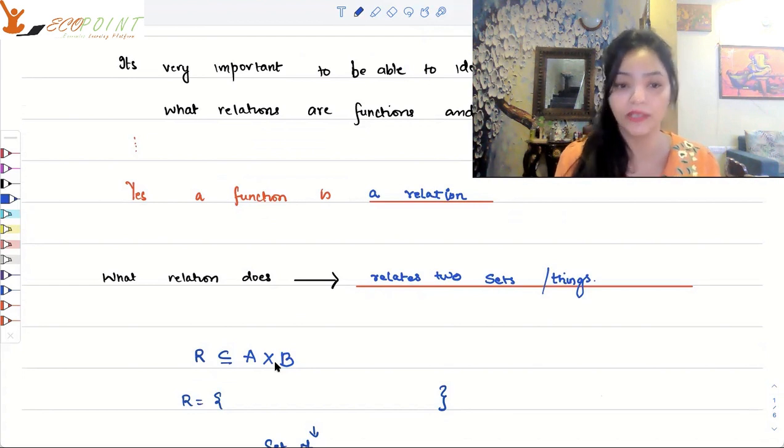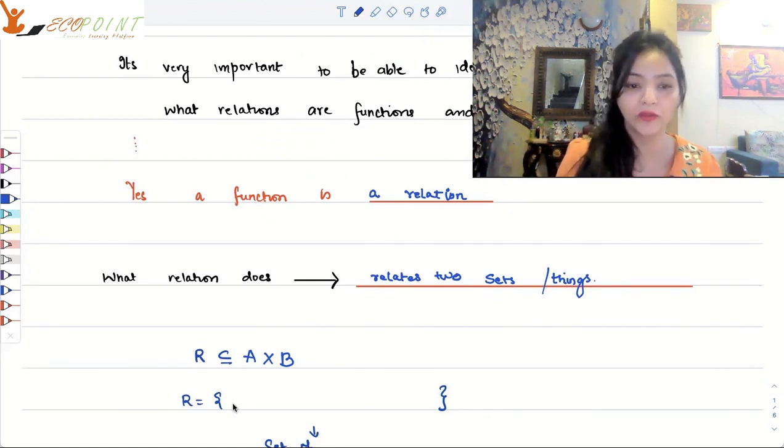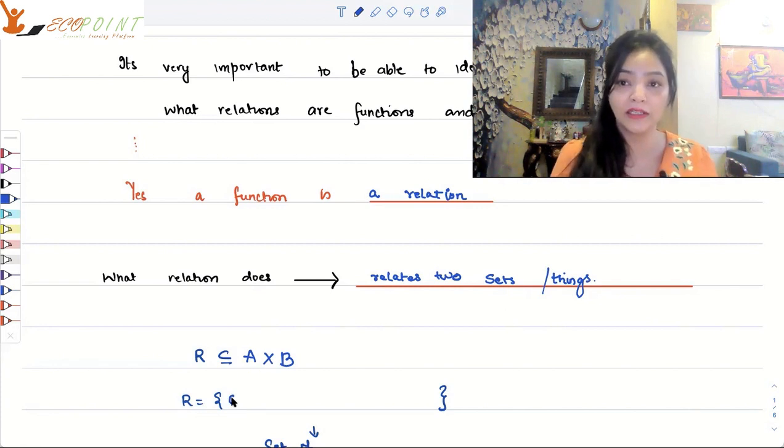A is related to B, right? So A gives you an input, and once the relation is applied, you get an output. So you have a first element and a second element. That means you have an ordered pair. We have spoken about all that, right? So R is a set of ordered pairs.